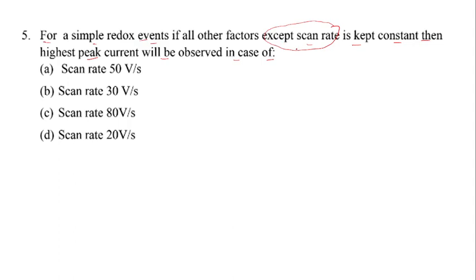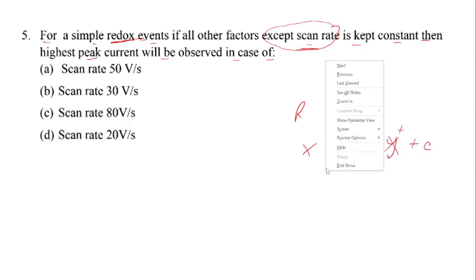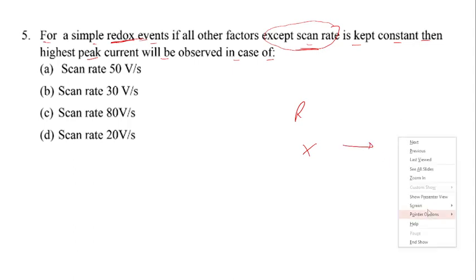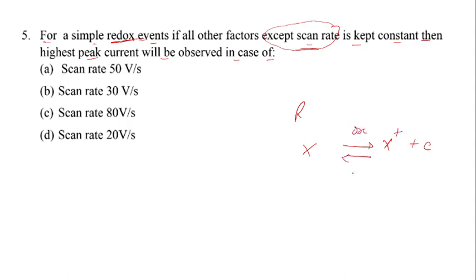You are changing only the scan rate, and at the start of the question it is explained that it is a redox event. Suppose X is converting to Y by giving an electron, and the same reaction is happening in reverse. So it is oxidation and it is reduction.